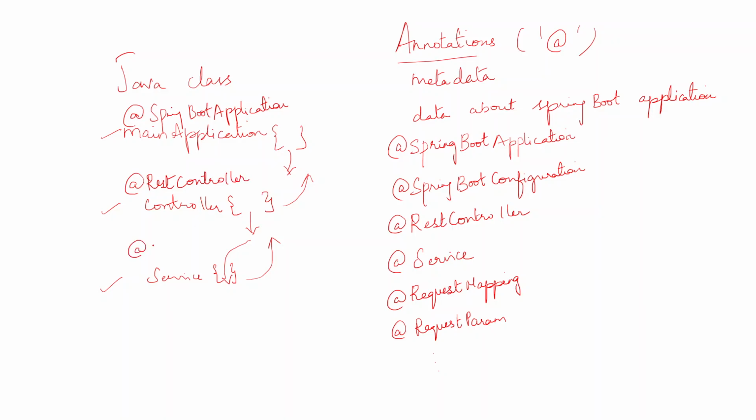For a service class, I should use @Service. We have to use the annotations wherever we need, so that it will automatically inject all the configuration details inside the program. So with these basic details, let's start with the demo of your Spring Boot application.